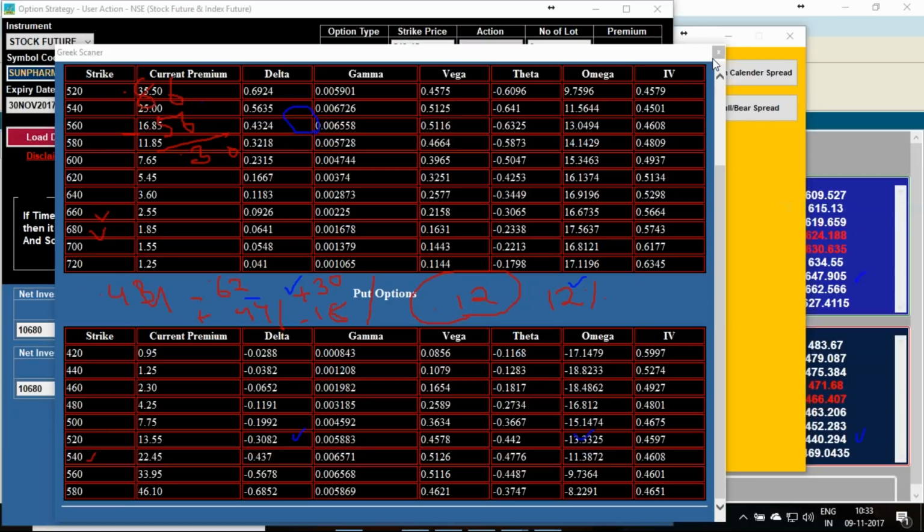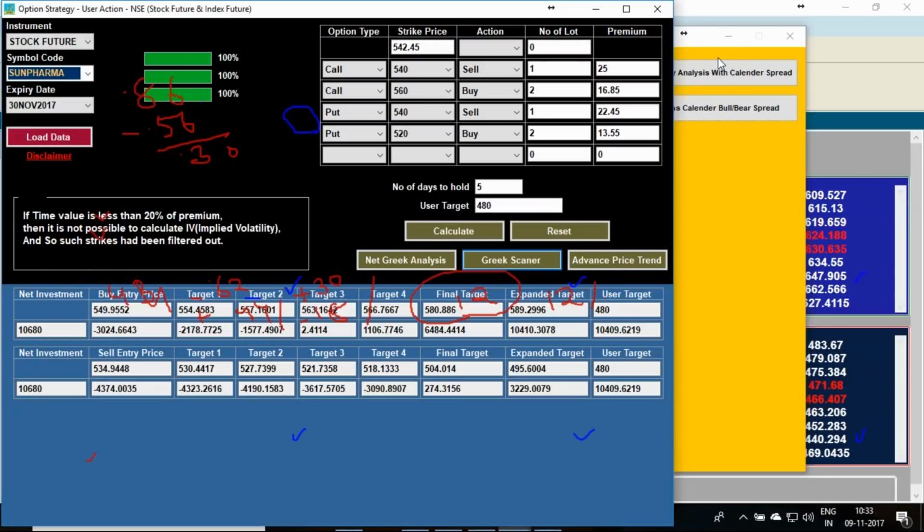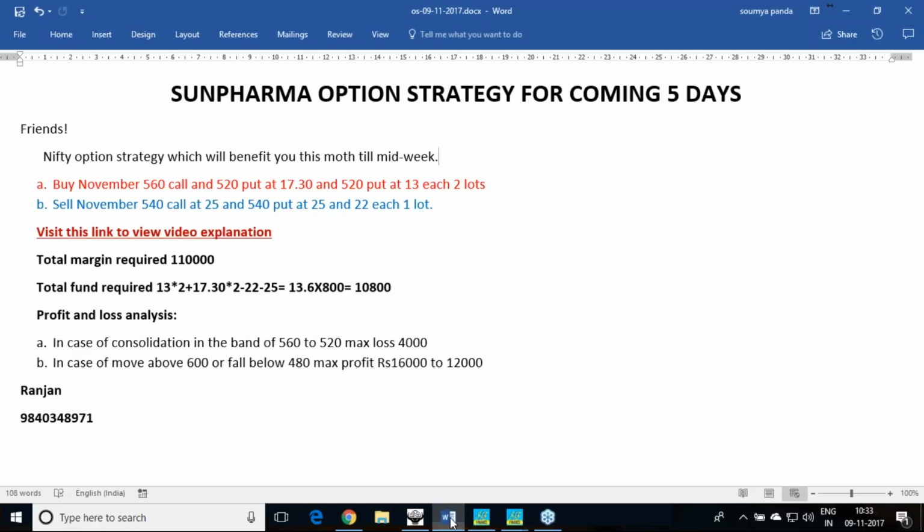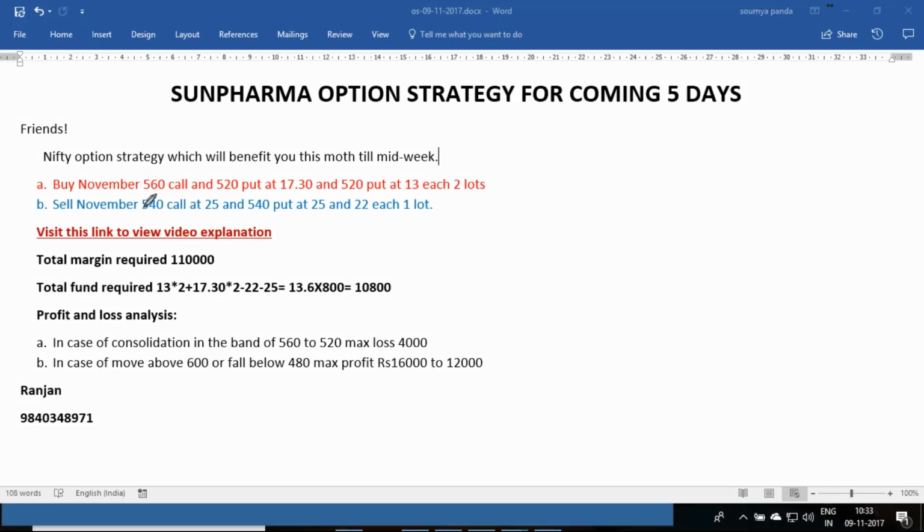So now moving to this particular strategy. What we are going to do in this strategy is buy a 560 call option and a 520 put option, each 2 lots, at a premium. When I drafted it, it had a premium of 17 rupees 30 paisa and 30, each 2 lots.